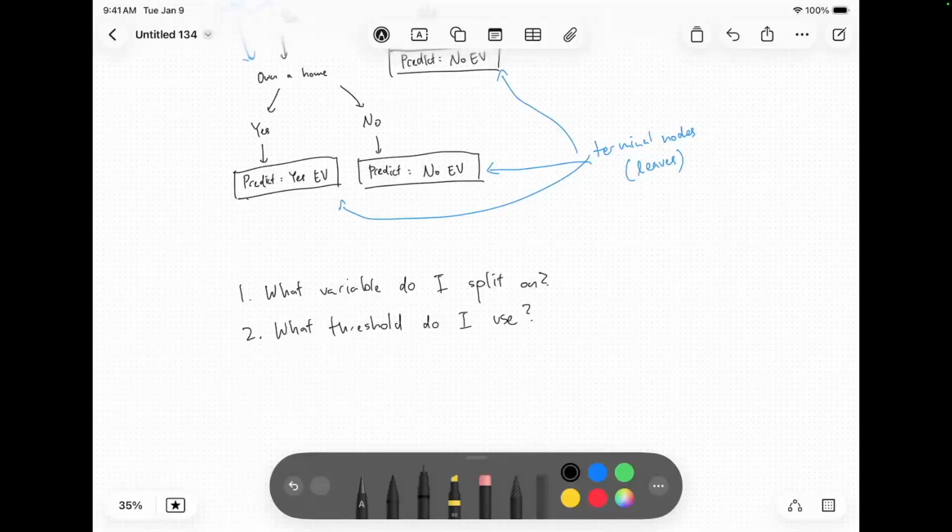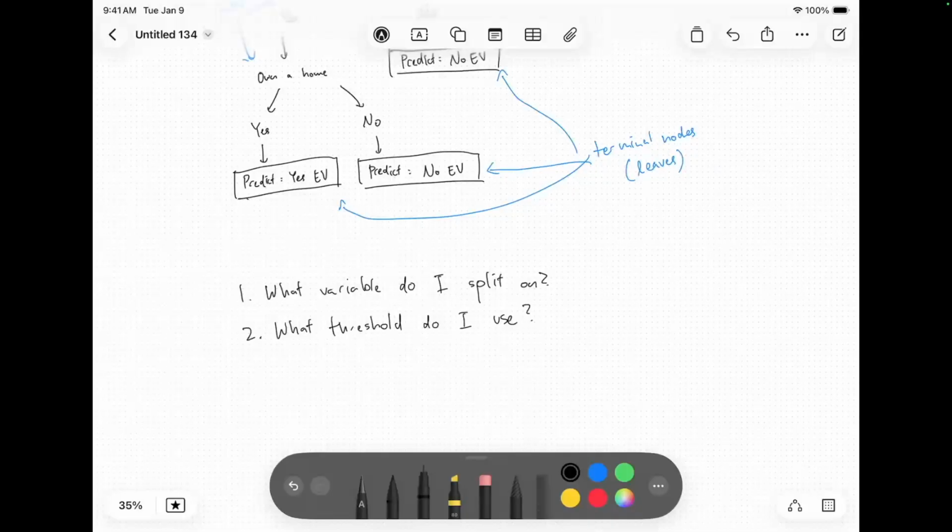Both of these questions are answered by the greedy algorithm that we use to build the tree. What the tree does is it looks across all of my possible variables and starts splitting them in every possible configuration, right? In this particular case, there's two variables: income and whether or not you own a home.